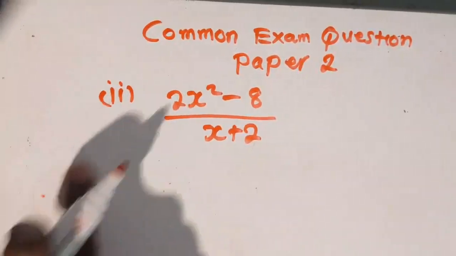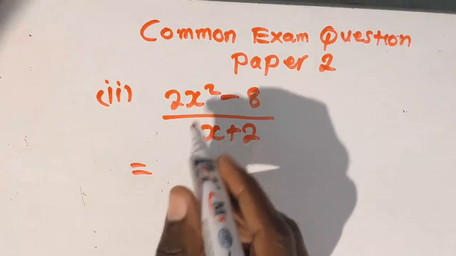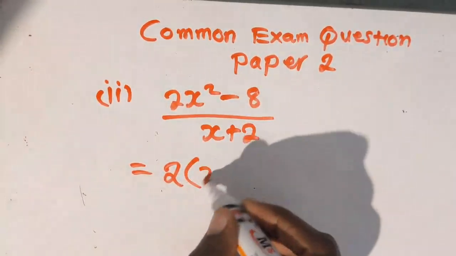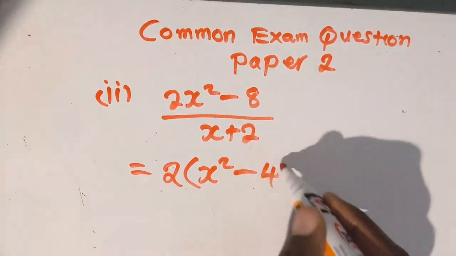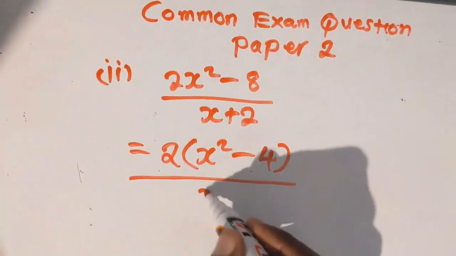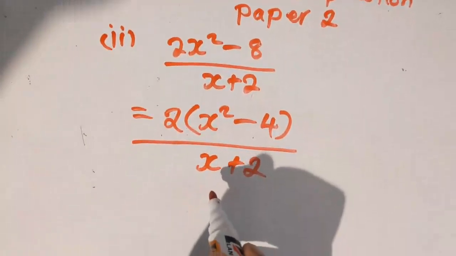So here now we start solving. So you look for what is common. We said that it is 2. Then 2 can go in there to be x squared, then minus 4, like that. Then you put over x plus 2.